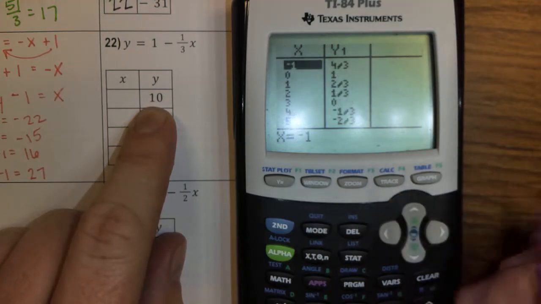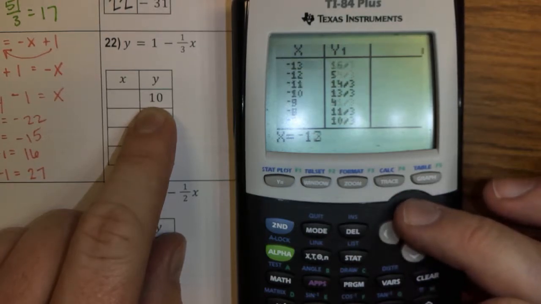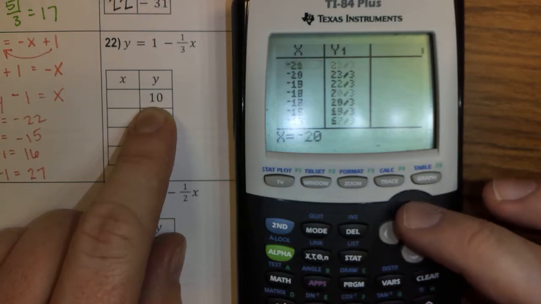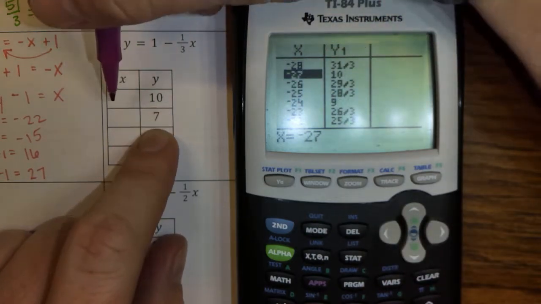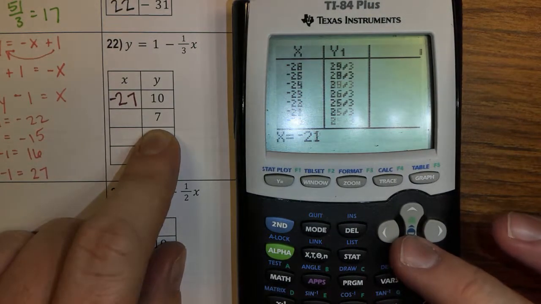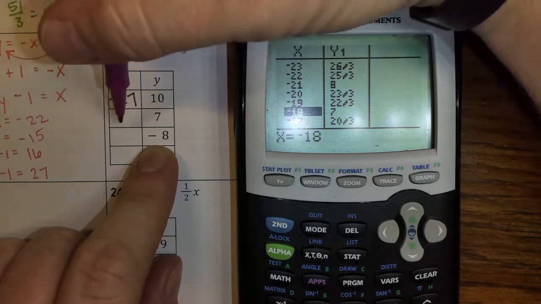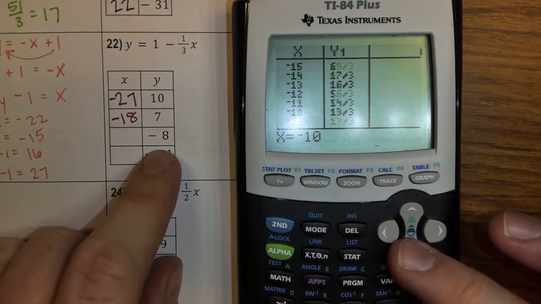So remember, I'm looking at the right side. There's 4. Oh my gosh. 7, 8, 9. Oh, there we go. 10 is negative 27. Now I need 7. So let's go back. Oh, negative 18. Negative 8. Now I go way down.